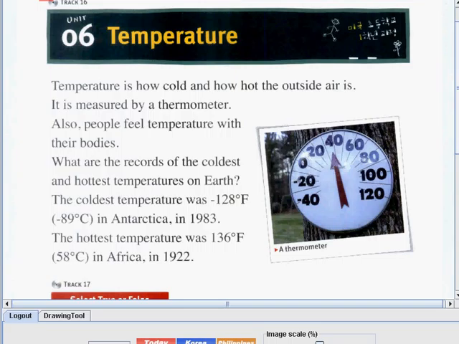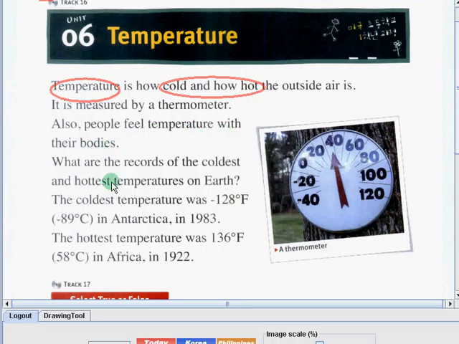Now, let's have a quick review. It says here that temperature is how cold and how hot the outside air is, and it is measured by a thermometer. Here, this is a thermometer. Also, people like us feel temperature with our bodies, okay?